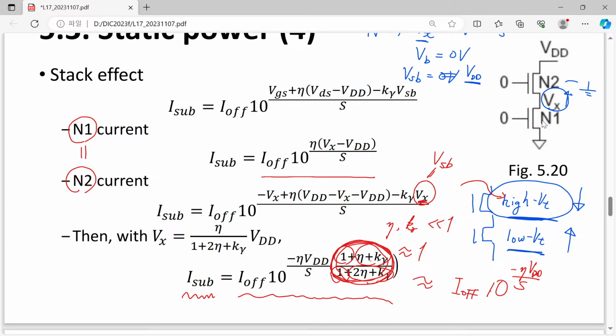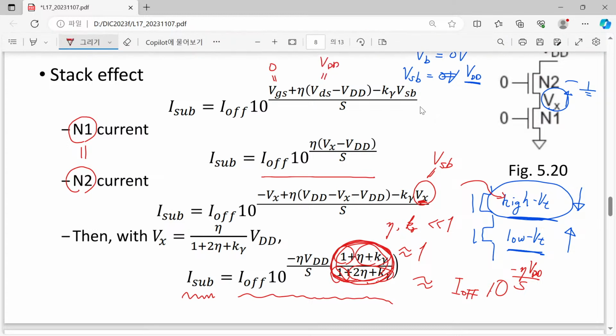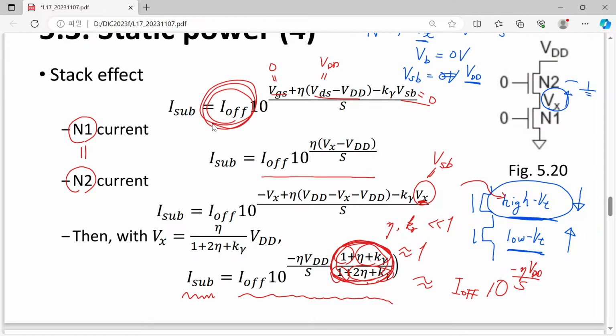I mean that if you have just an N1 transistor only, then what will be your value for the off current? In this case, your gate voltage is 0 and your drain voltage is VDD, and your source to body voltage is all 0.